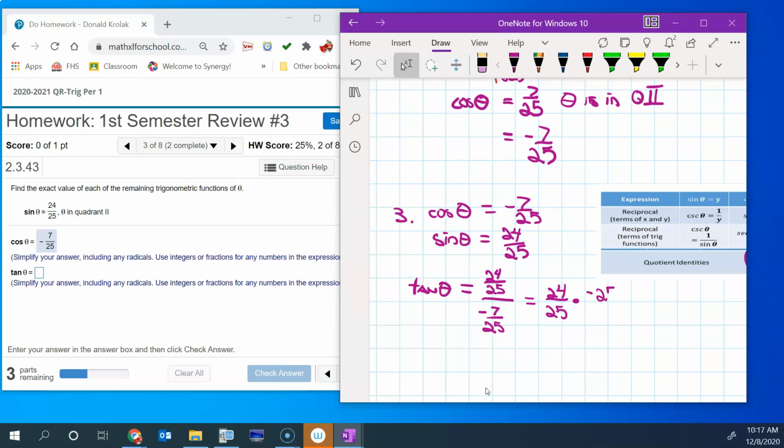Then I flip my denominator because I'm dividing by a fraction, so I multiply by its reciprocal. Can do some canceling here. I get 24 times negative 1, negative 24, 1 times 7 over 7, and that is my tangent.